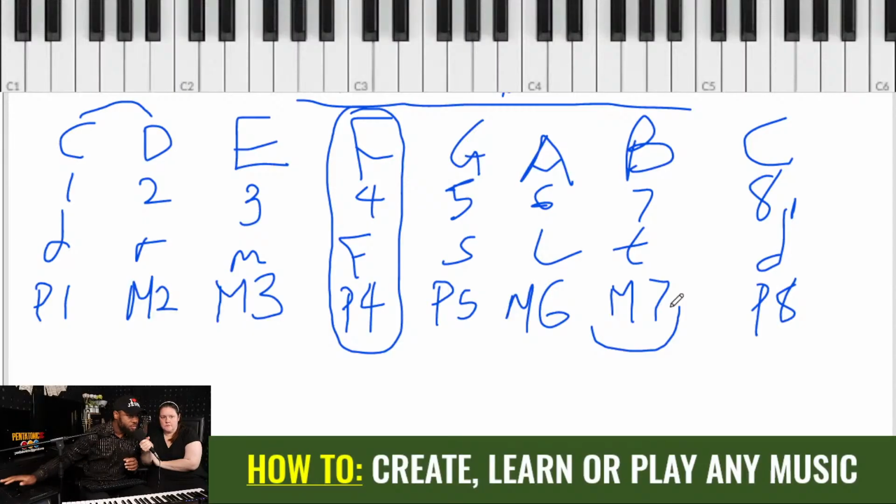So now let's try you out. It's your turn. Tell me, what is a major second of E flat? It means second note. It's as simple as that.